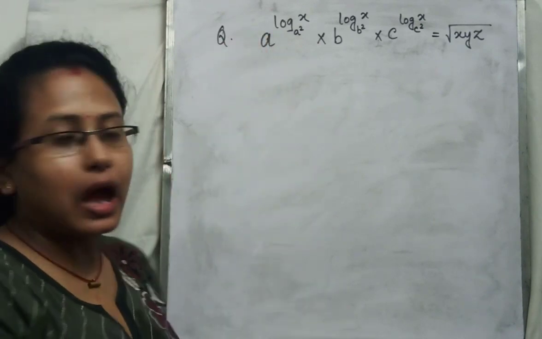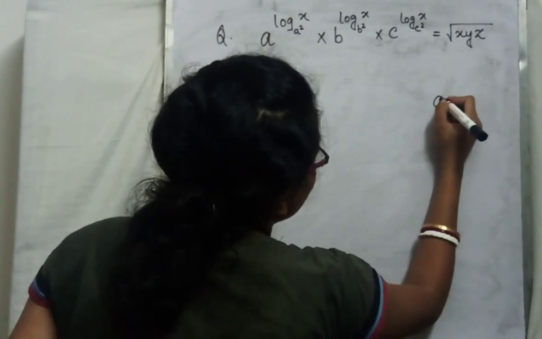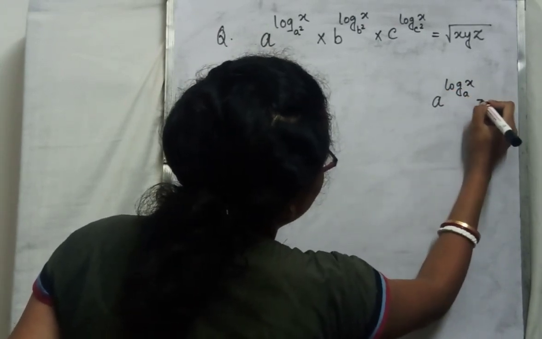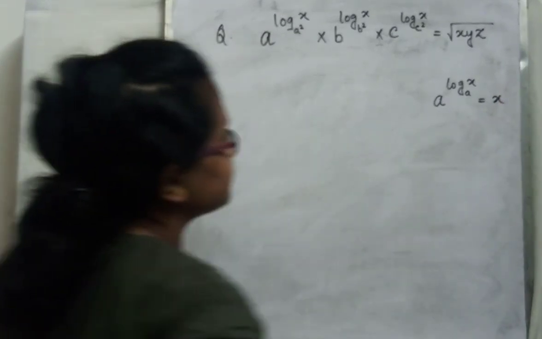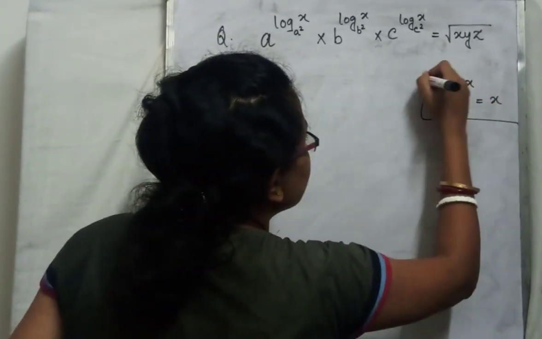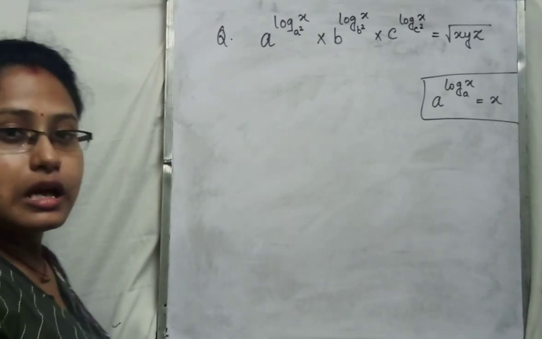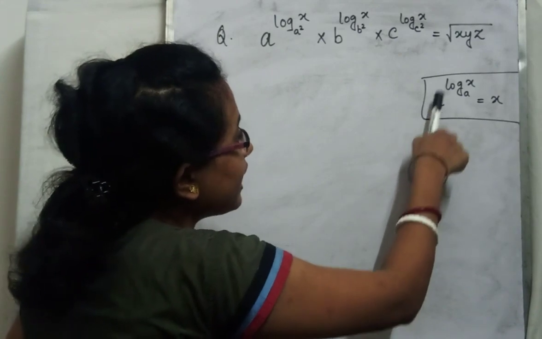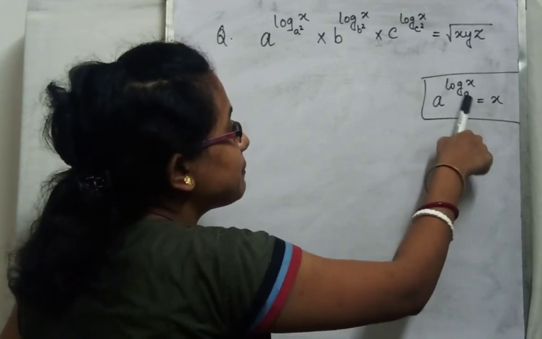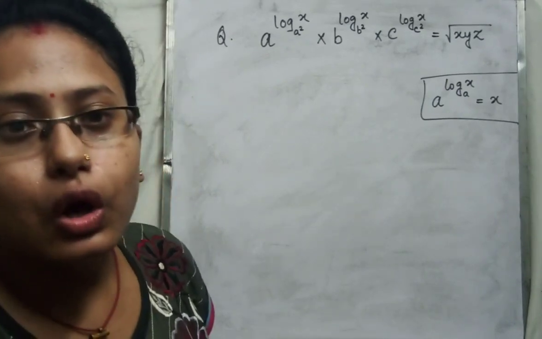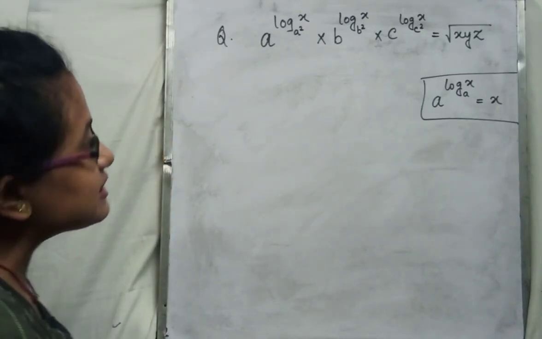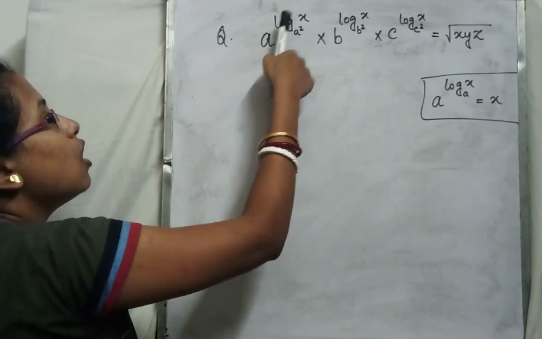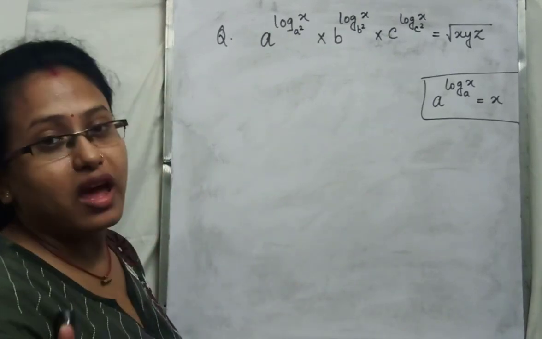Okay, now in this type of math you have to use this formula: a to the power log x base a gives us x. This formula you have to use. But here we have a to the power log x base a square.